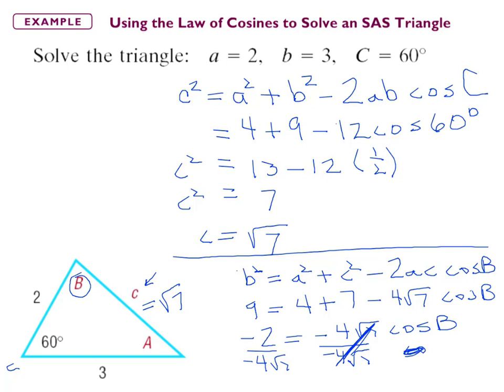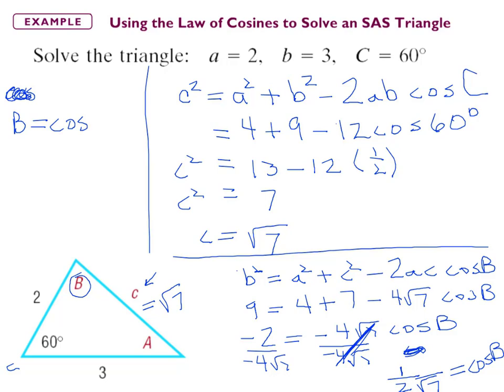And we get 1 over 2 times the square root of 7 is equal to cosine of B. So B is equal to the inverse cosine of 1 over 2 times the square root of 7.